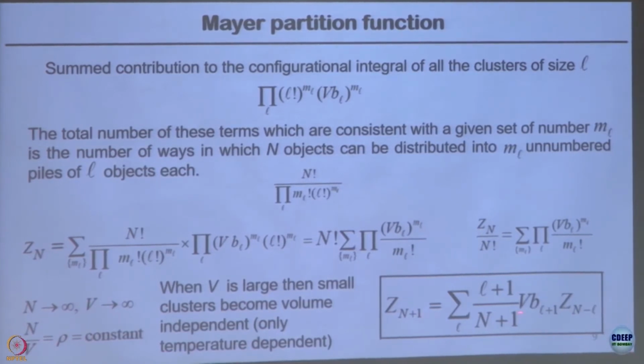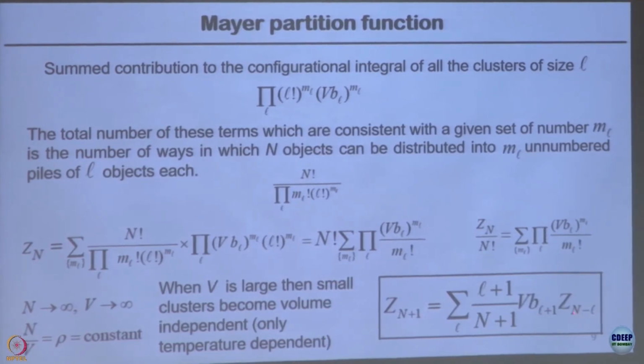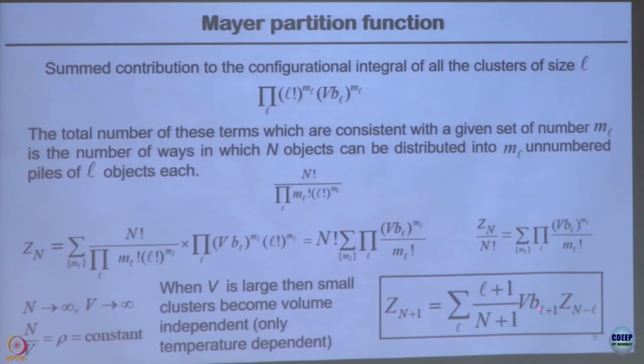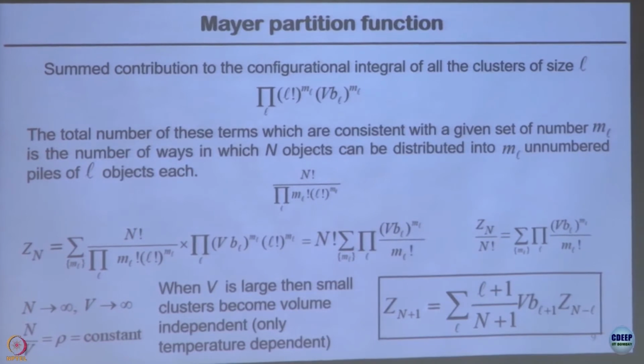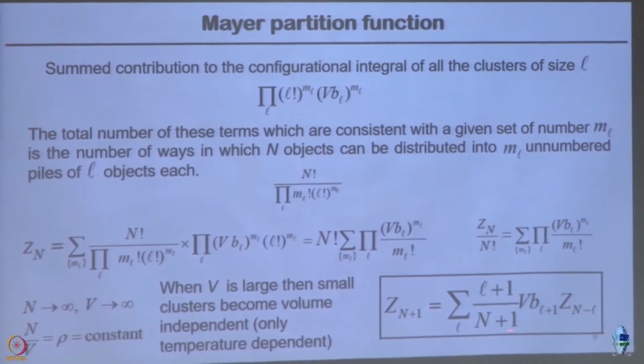If you give me Z1 and then the next one, I can get the higher-level partition function, so I can construct this recursion relation. The inputs of course are the b_(l+1). If I have that, I can construct the partition function. If I can construct the partition function, I can calculate the average number of clusters in the particle, using these as the weight, the weight of one particular distribution.